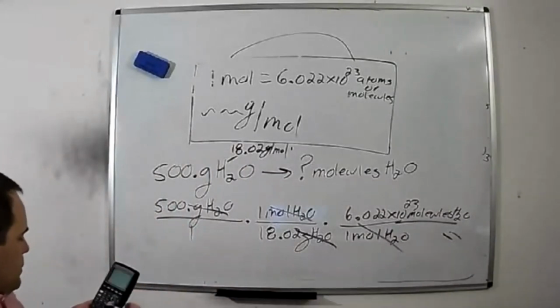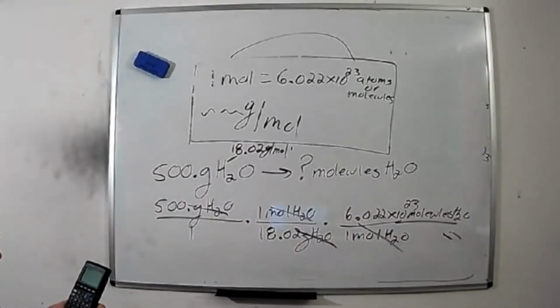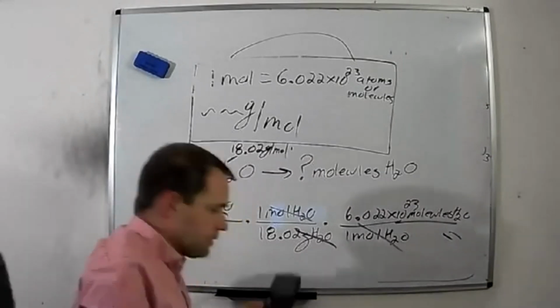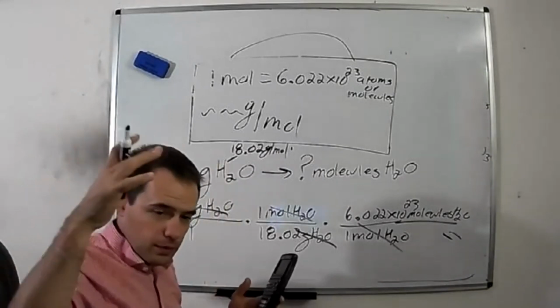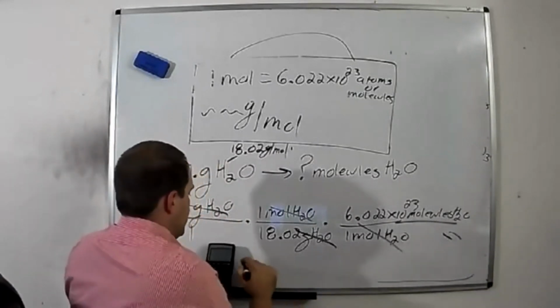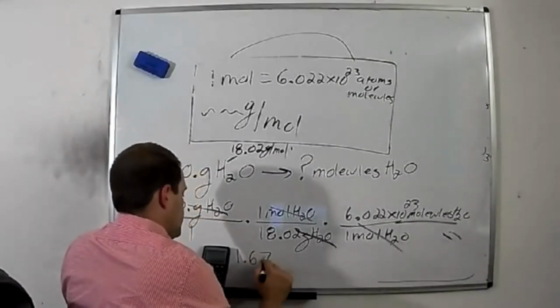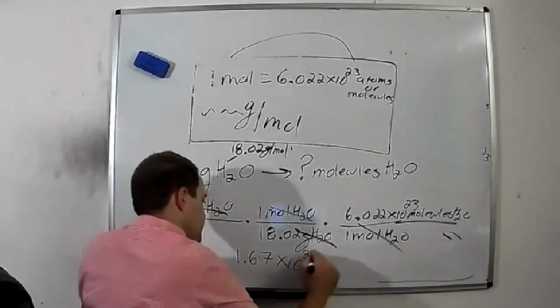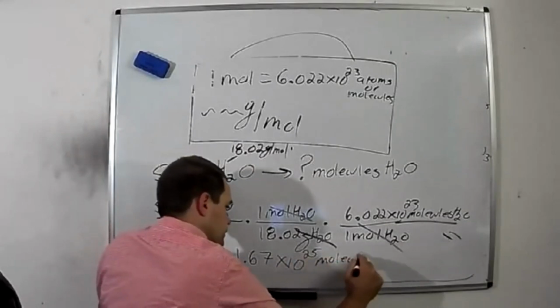So a plastic bottle of water, which contains 500 grams of water, contains, it's mind-blowing, about 1.67 times 10 to the 25th molecules of water in there.